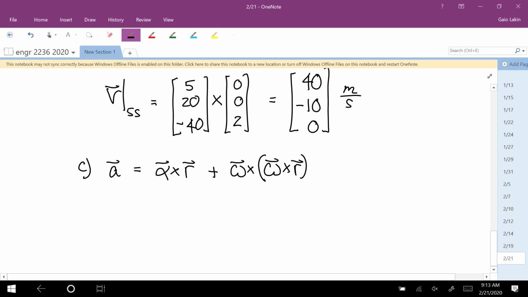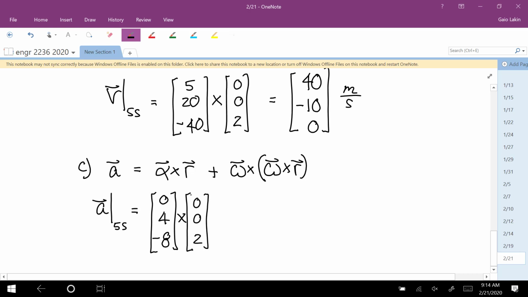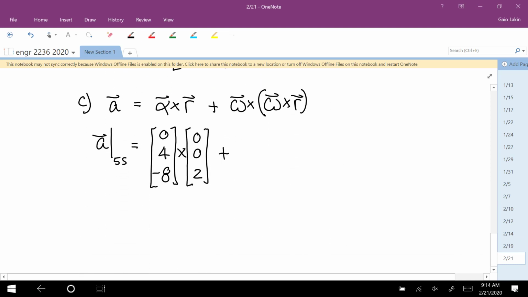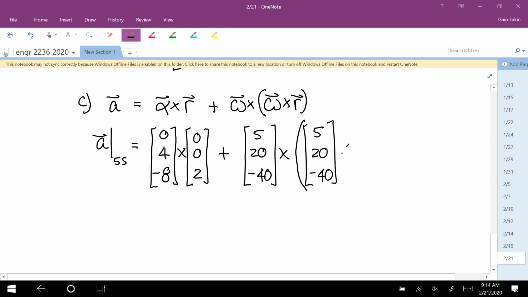And we already have omega and r at time equals 5 seconds. So the acceleration when time is 5 seconds is equal to 0, 4, negative 8, crossed with 0, 0, 2, plus the omega we got in part B, 5, 20, negative 40, crossed with the quantity 5, 20, negative 40 cross r vector 0, 0, 2.